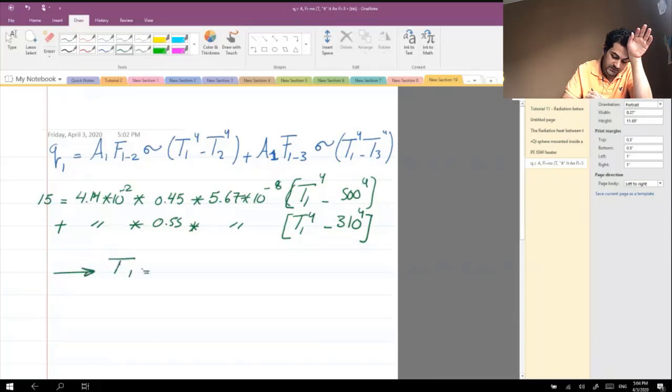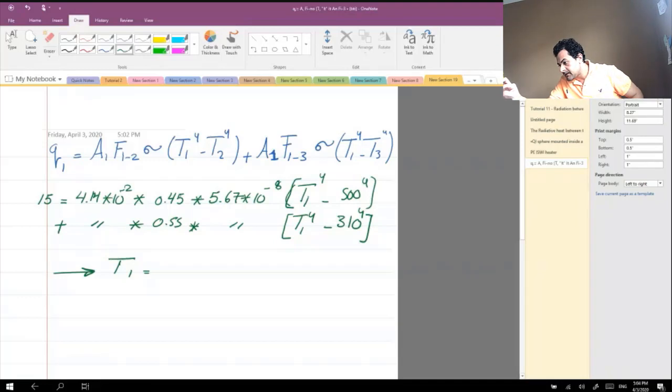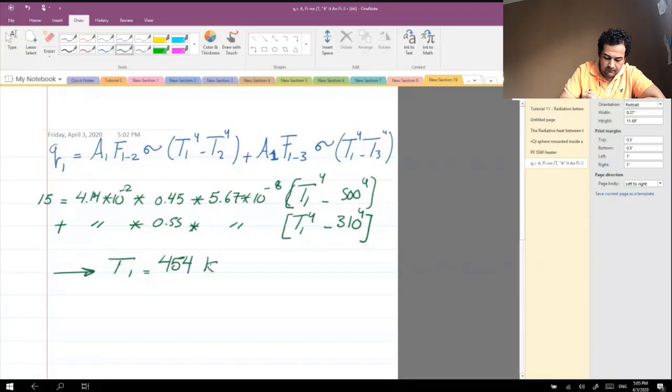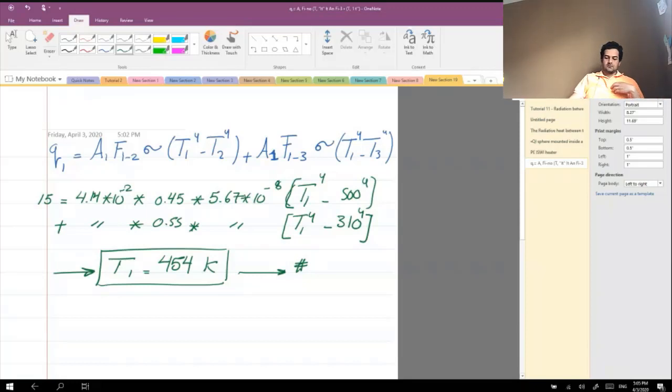So from here you get T1. This equation is only a function of the temperature T1, and when you solve it you find that T1 is 454, and that's the temperature of the emitting surface.